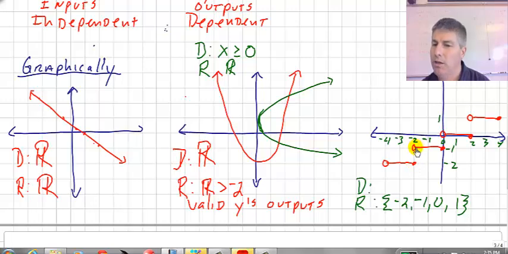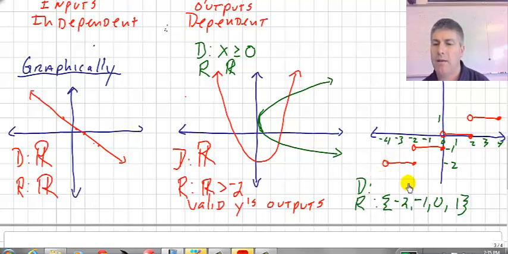Okay? And we can input any fraction between -2 and 0 as well. In fact, we can input any fraction between 0 and 2. We can input 2, we'll output 0. But if we input 2.001, our output's going to jump up to 1. So it looks like our inputs stop here at 4, and they stop here at -4.